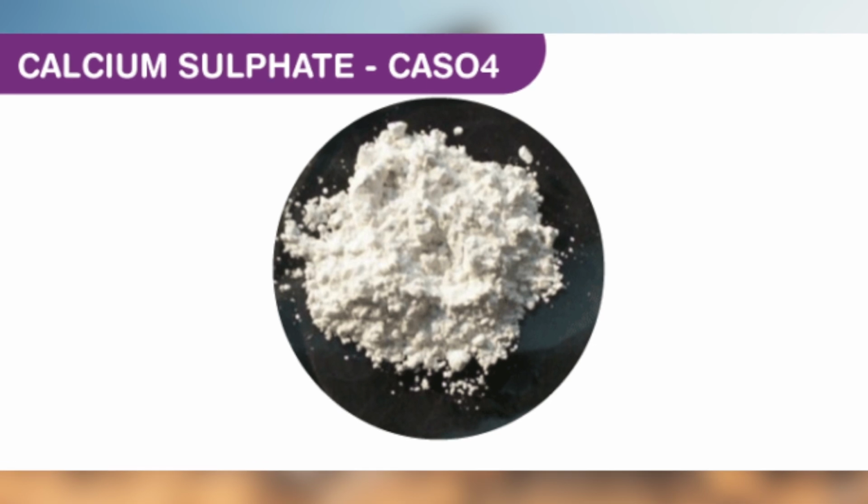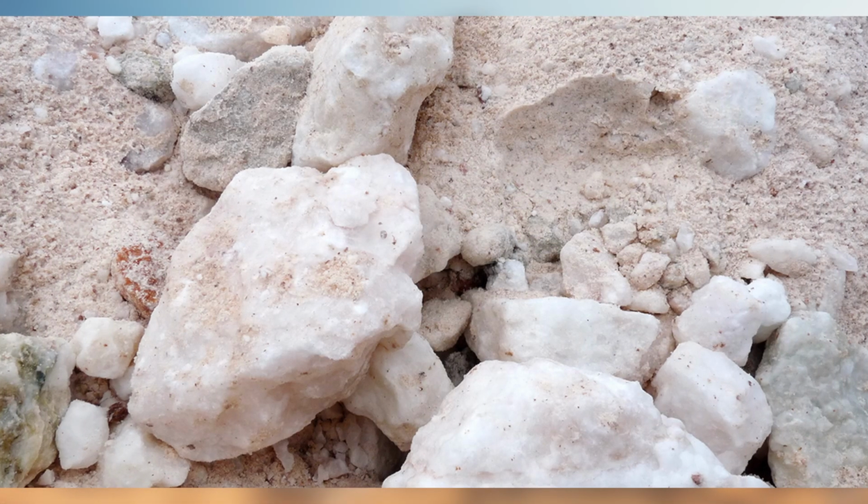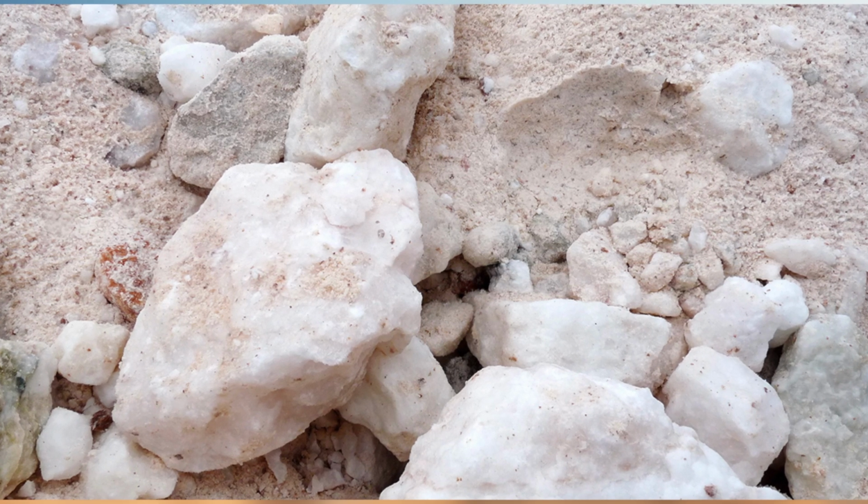The process of hydration changes rock-forming feldspar minerals into very soft kaolinite clays. Calcium sulfate absorbs water and turns into gypsum, which is more unstable and loose as compared to calcium sulfate.